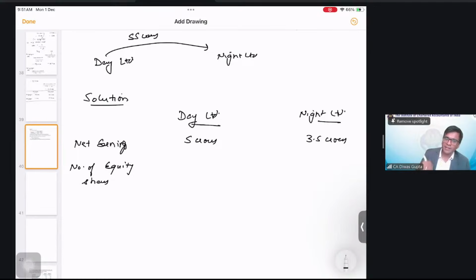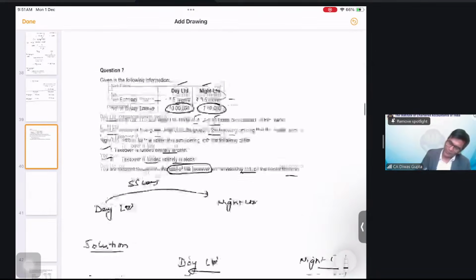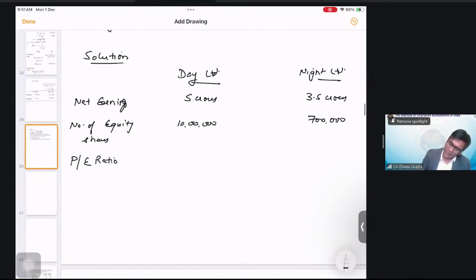So their earnings is given, the number of equity shares is 10 lakh and 7 lakh. PE ratio is also given to us, 20 and 15 times.